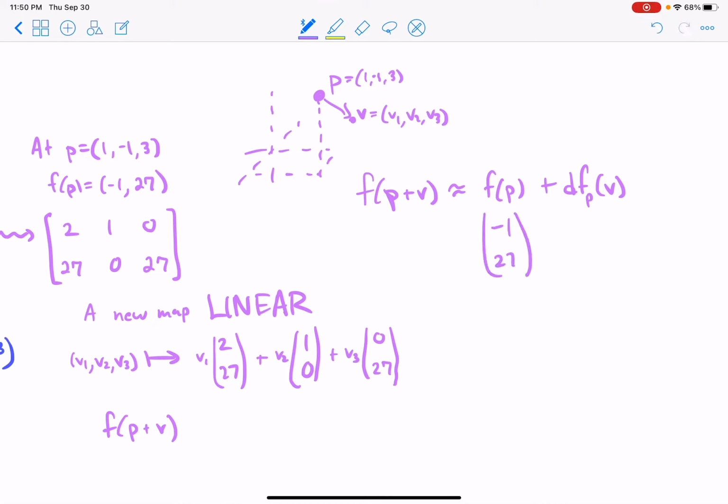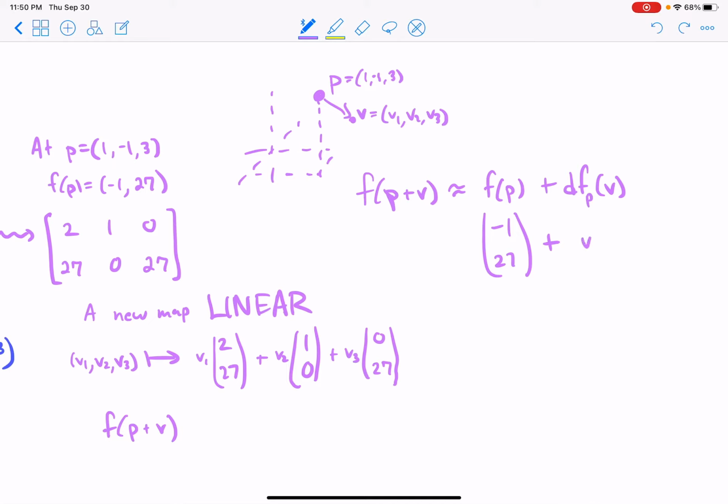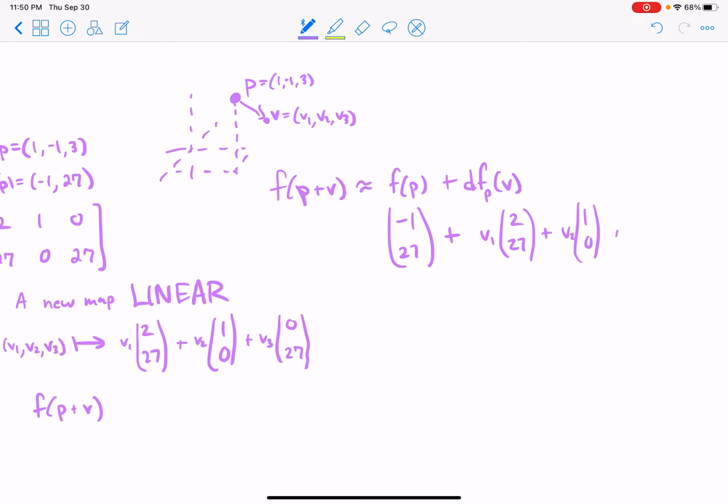I'm going to write it as columns. Plus the derivative at p. So I plug in at p, and the Jacobian matrix becomes actual numbers. And then I just take a linear combination. And so this is my approximation formula. V2, 1, 0, and plus V3, 0, 27.